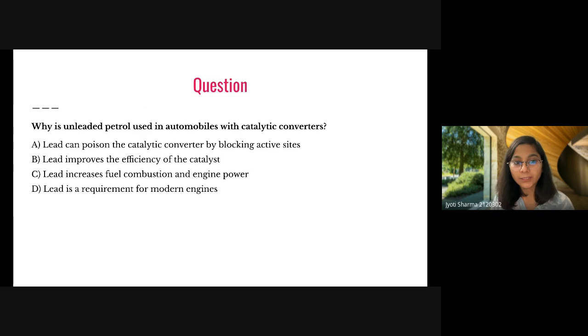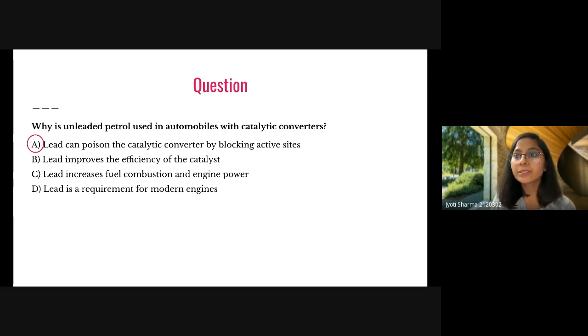Because lead can poison the catalyst. So what does a catalyst poison do? It can block the activity of the catalyst. The activity of platinum and rhodium can be inhibited by lead. So answer A is right: lead can poison the catalytic converter by blocking active sites.